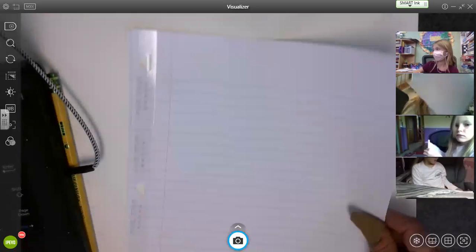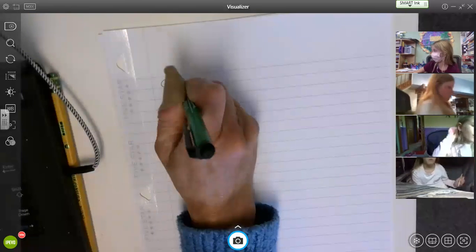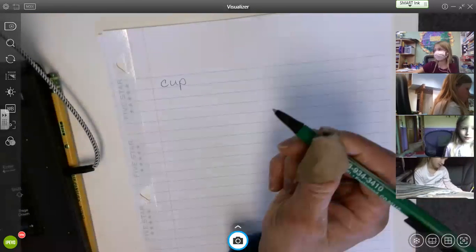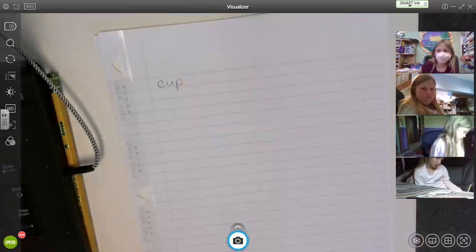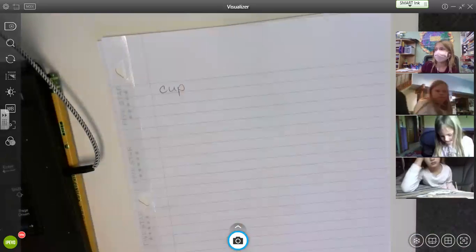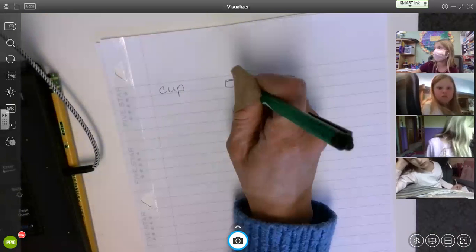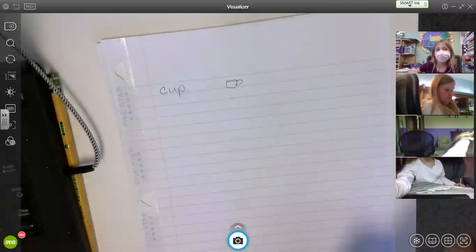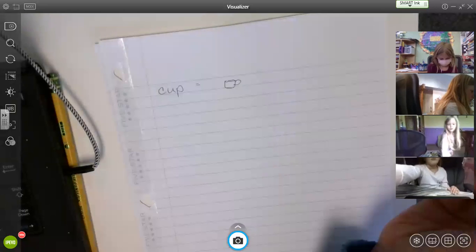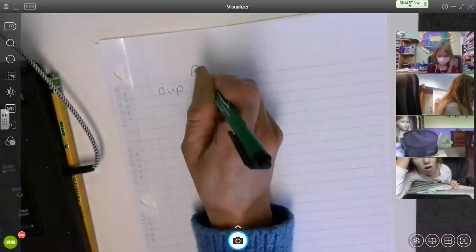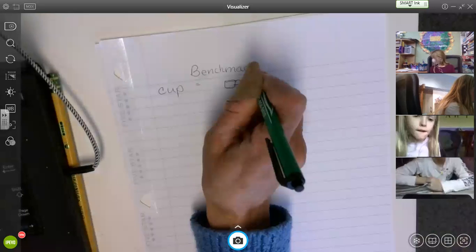So let's talk about a cup. Let's go ahead and write cup. What else? A cup, think of like a cup being like a mug, a coffee mug. So when you're asked which unit to use to measure different liquids, you'll have a visual.